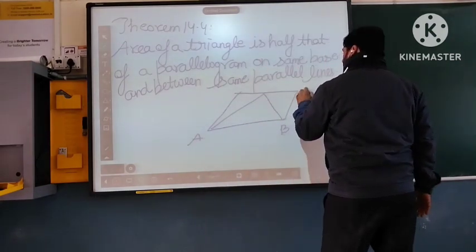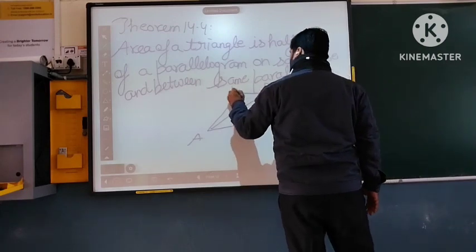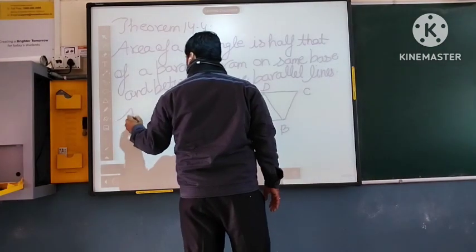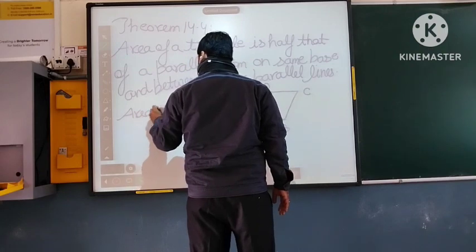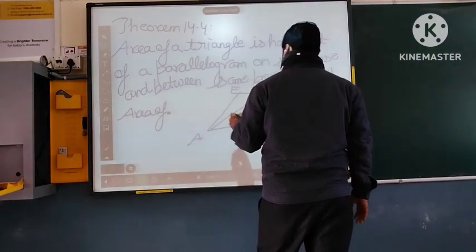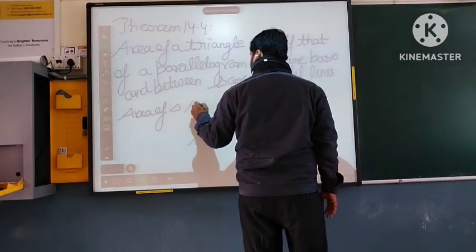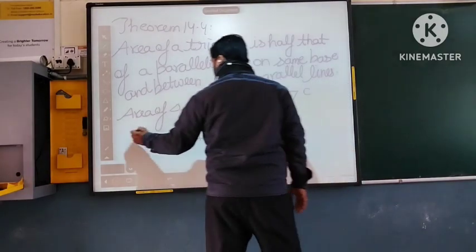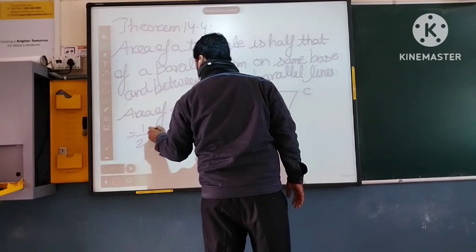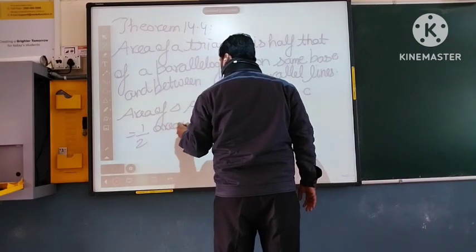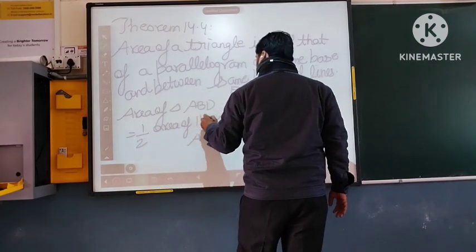If the base is AB, then triangle ABD is on the same base AB, so area of triangle ABD equals what?